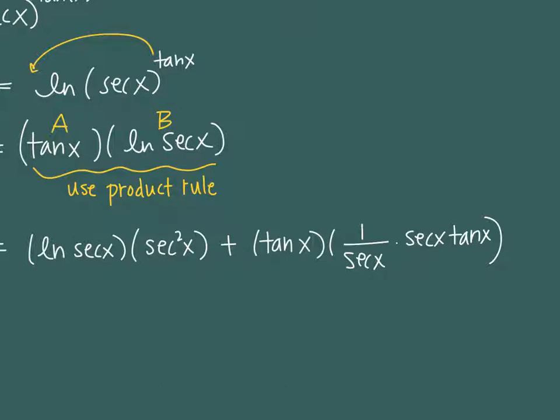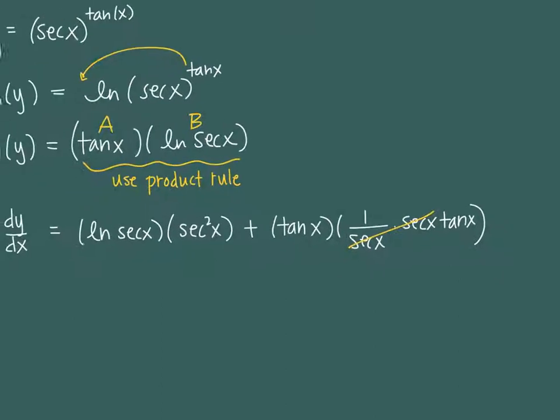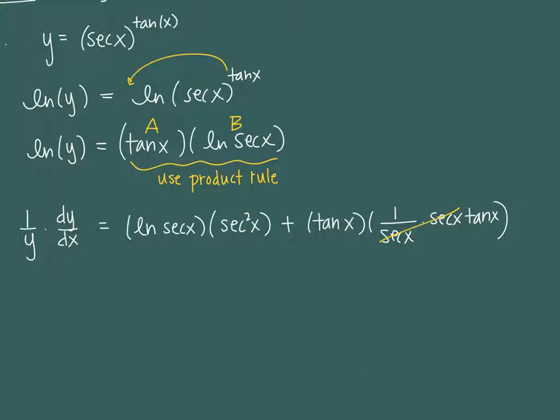What do you notice happens in that last set of derivatives I just did? Yeah, the secant x can reduce away. So that's leaving me with 1 over y dy dx being equal to, now you can't combine those secants. You can't say the natural log of the cube of secant.